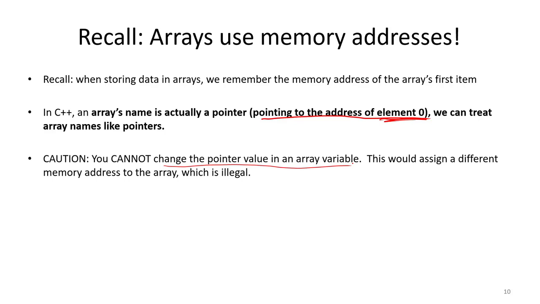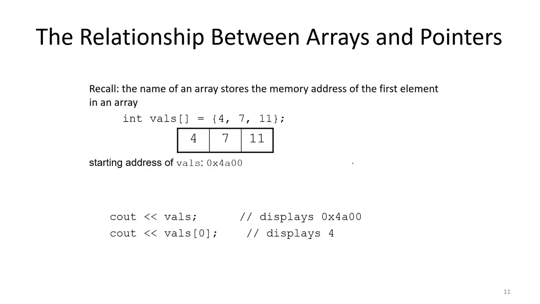Let's take a look at some examples to see how all this works. So suppose we have this array named vals. Just to keep things simple, we've declared vals to be an array containing just 3 elements, 4, 7, and 11.